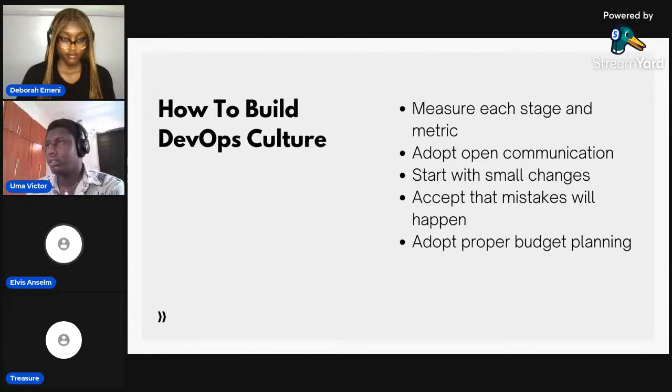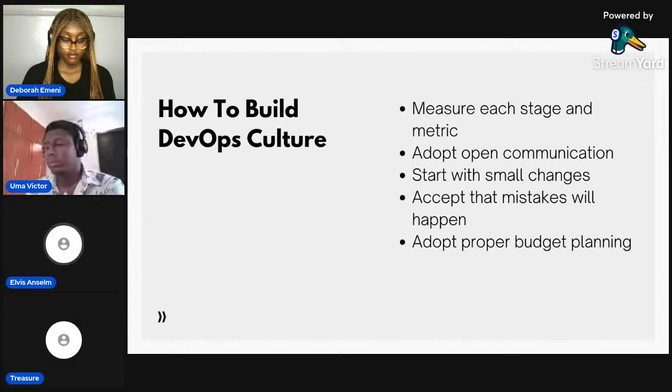So, adopt open communication, right? There would most definitely be inefficiencies when you do not communicate with your team members. When developers who write the code, who write the software, do not communicate with the server admins, for example, who would install and manage the software, there is bound to be problems.